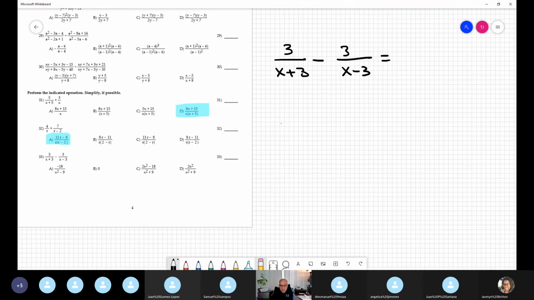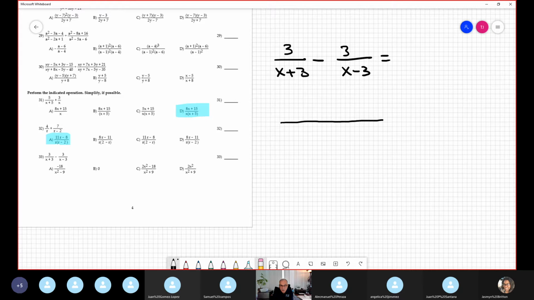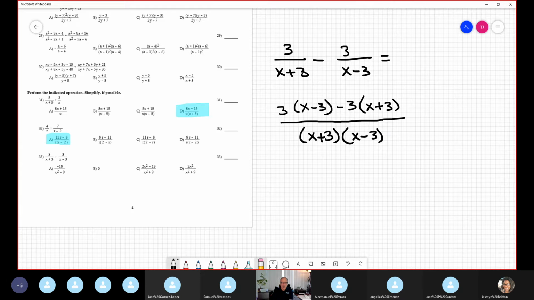The LCD, in this case, is the multiplication of both, x plus 3 times x minus 3. When you divide this by the first denominator, stay alive only x minus 3 times 3. So it's 3 times x minus 3, and the opposite: minus 3 times x plus 3, in the same way. Finish?